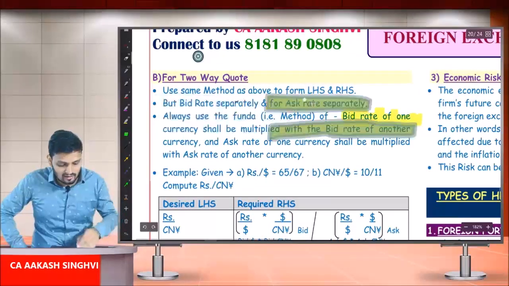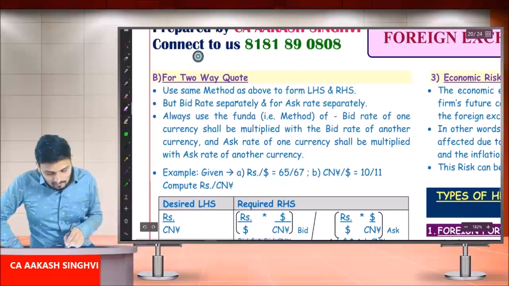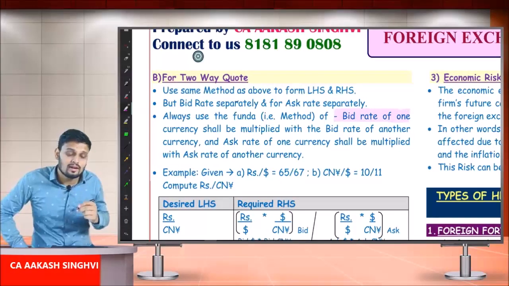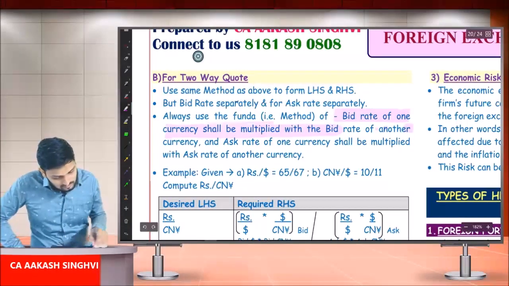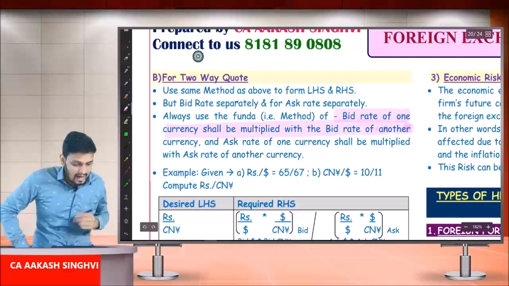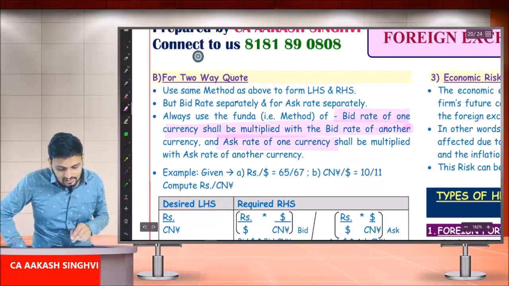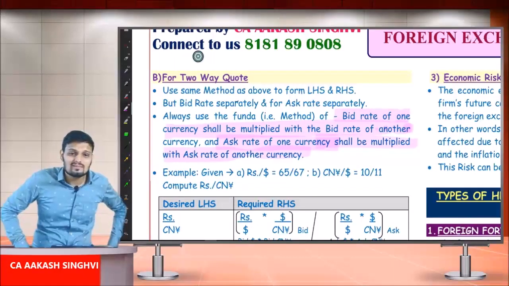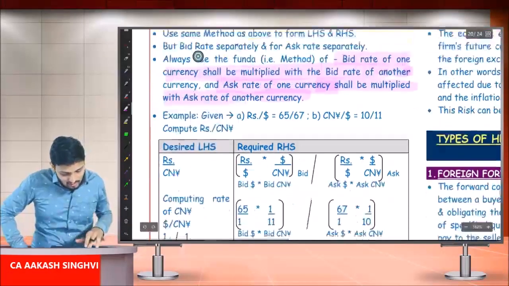Guys, this is very important. Bid rate of one currency should always be multiplied by the bid rate of another currency, and ask rate of one currency should always be multiplied with the ask rate of another currency. As simple as that.